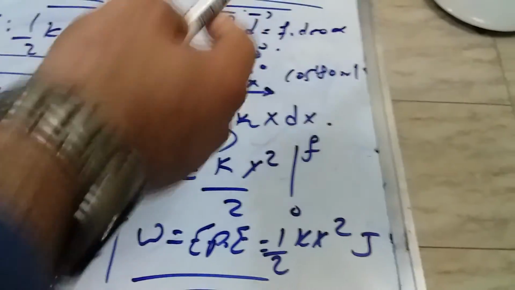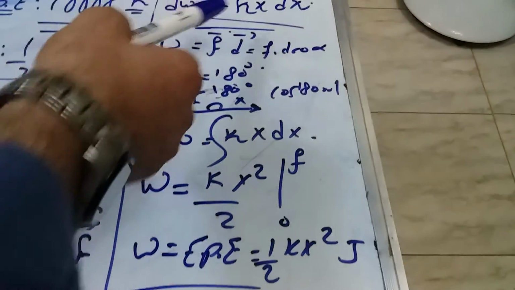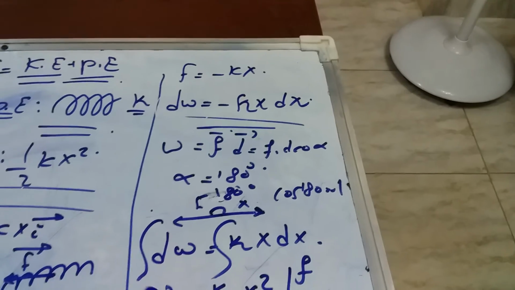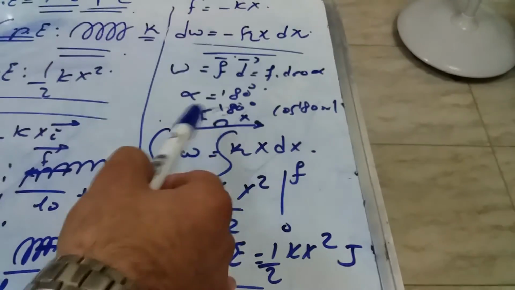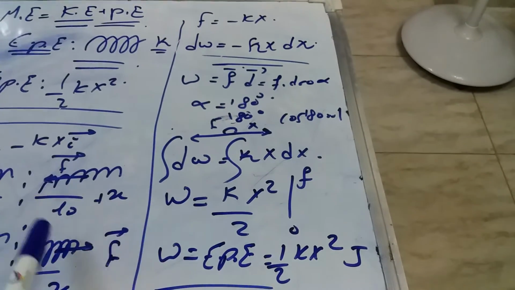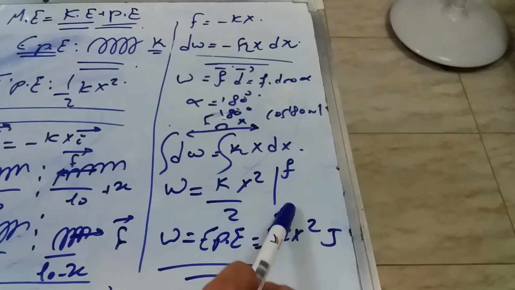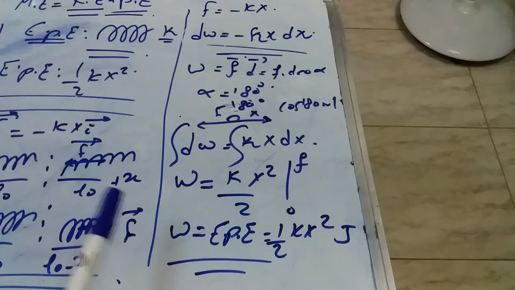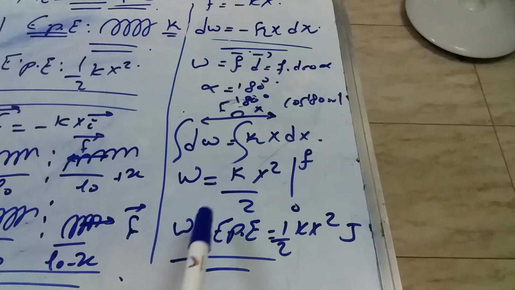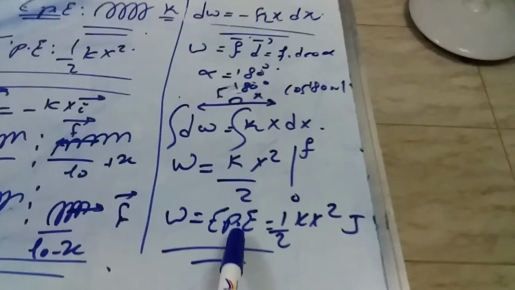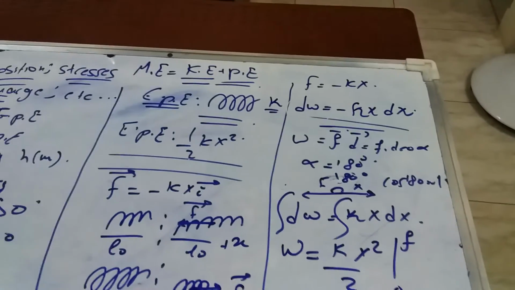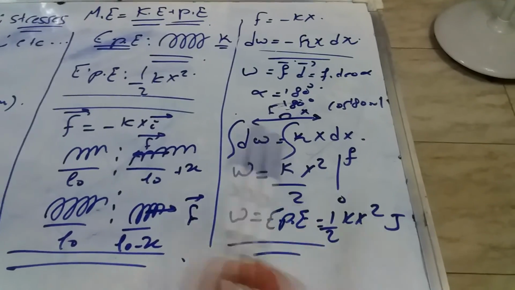So minus and minus give plus, and we integrate dW from 0 to final, ending up with W equal to half kx squared, the elastic potential energy stored in the spring.